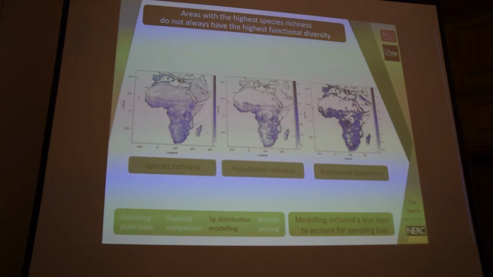The functional richness map in the middle is based on the convex hull of trait space calculated for each pixel, whereas functional dispersion is the average distance to the centroid. As with the regional analysis, this suggests that functional richness is more strongly influenced by species richness than functional dispersion is.